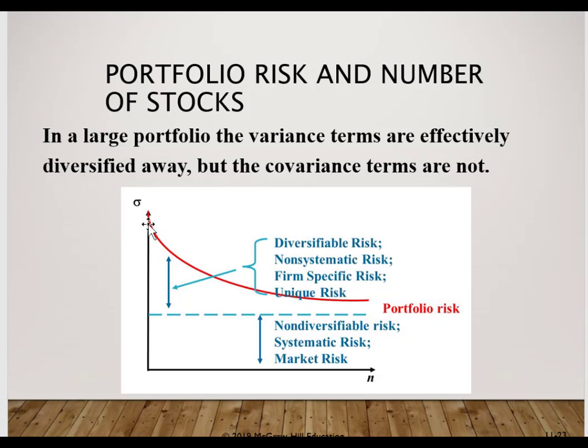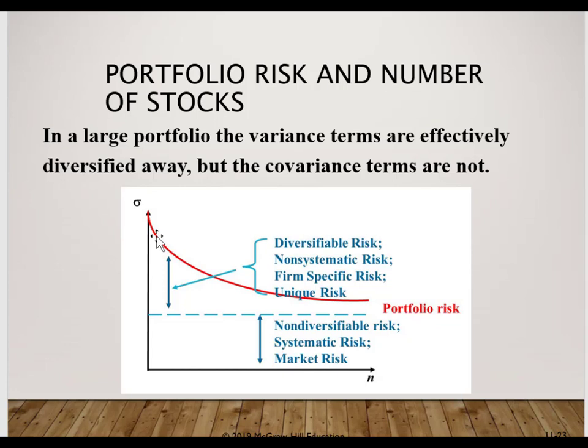But then they said, what will happen if we combine two stocks together? So they randomly chose two stocks, made equally weighted portfolios, and did this hundreds and hundreds of times, and then found the average risk of those two stock portfolios. And what they found is that even by choosing random stocks, there was a reduction in risk.